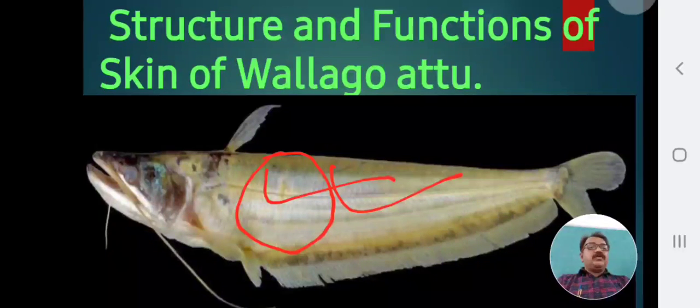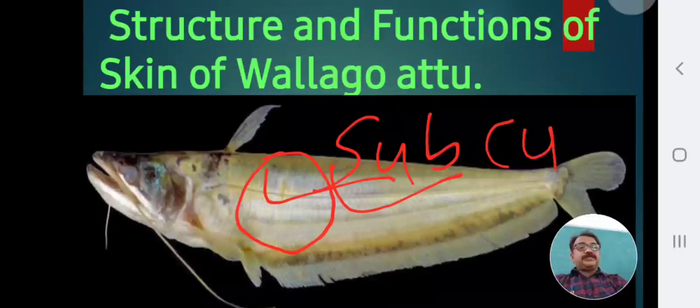Similarly, in Wallago, the skin is made up of two layers, outer epidermis and inner dermis, but since scales are absent on the body of the fish, a third layer is present: outer epidermis, middle dermis, and inner subcutis.